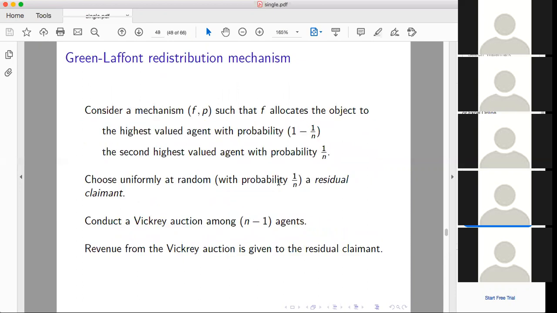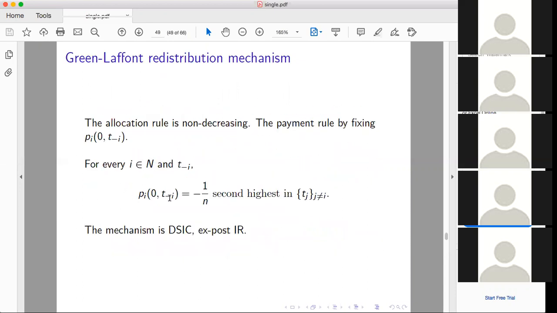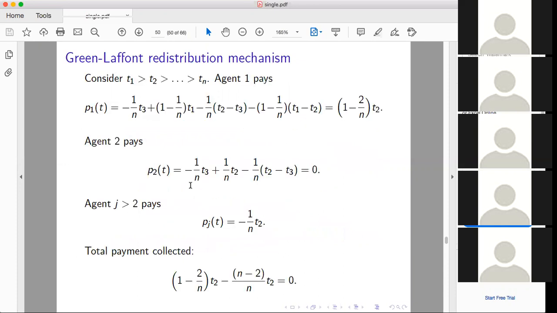So we chose an F like this, and then constructed this PI zero so that the budget is totally balanced. This choice of F and PI zero made it a budget balanced, dominant strategy incentive compatible, ex post IR mechanism. But it is not efficient.